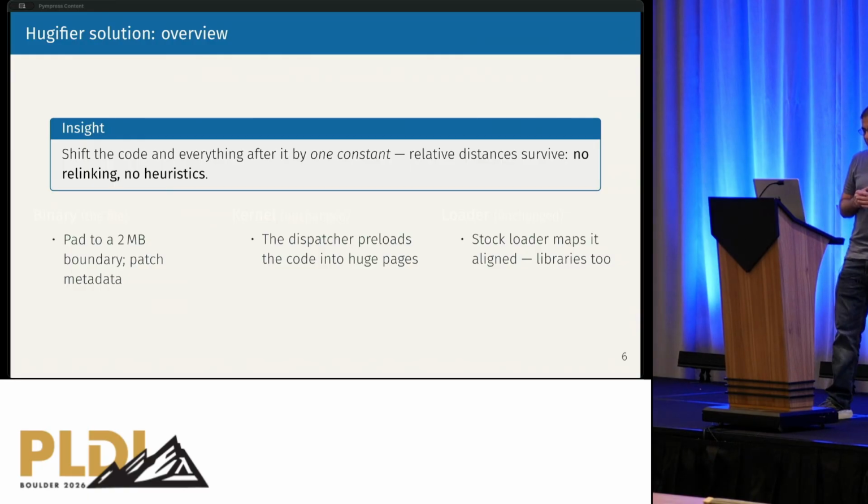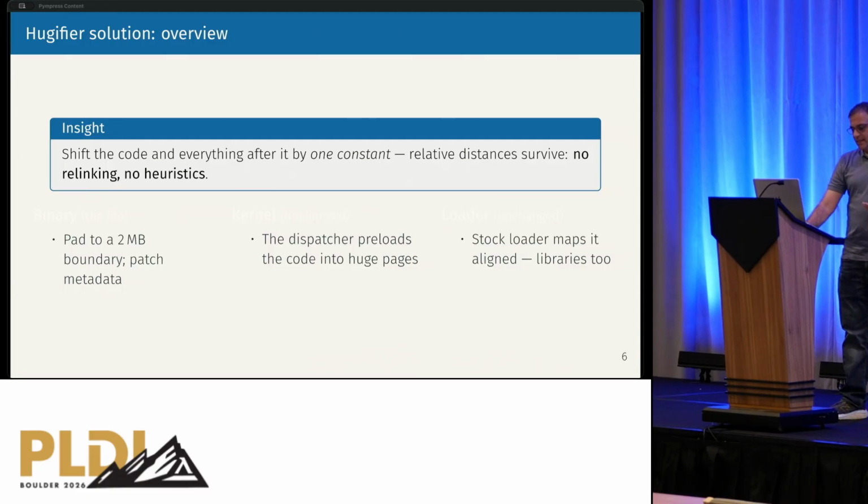Afterwards, in order to have the executable mapped into memory correctly, we need to preload it into memory in such a way that later accesses get 2 megabyte pages. We'll show later how we do it. When the memory is loaded into the page cache using huge pages, and the stock loader, since we are not changing the dynamic loader, later tries to map the page into the executable, it will get huge pages.